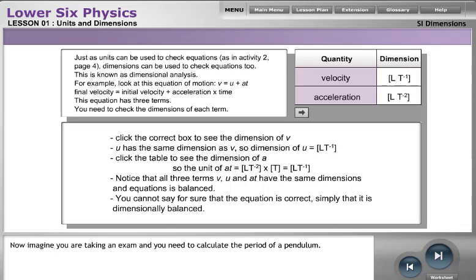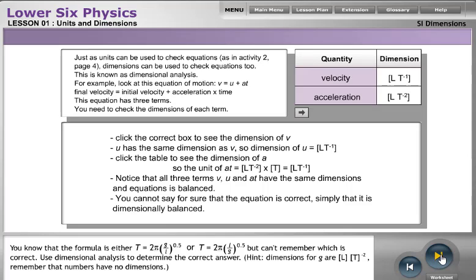Now imagine you are taking an exam and you need to calculate the period of a pendulum. You know that the formula is either T equals 2 pi (g over L) to the power of 0.5 or T equals 2 pi (L over g) to the power of 0.5, but can't remember which is correct.